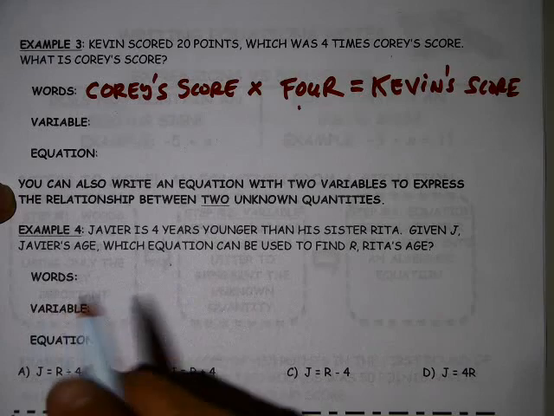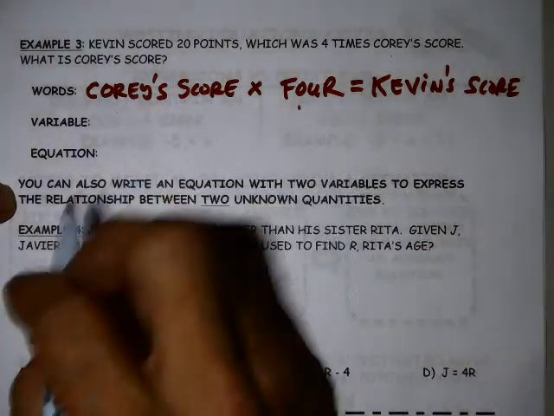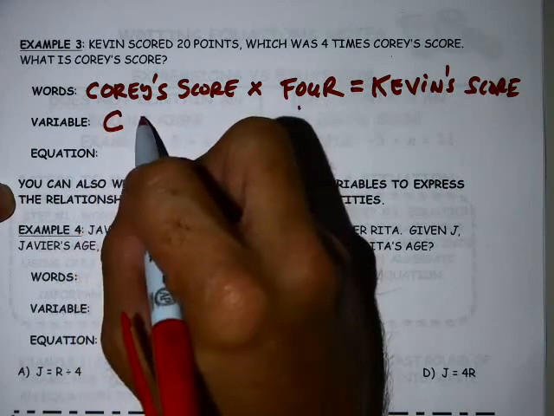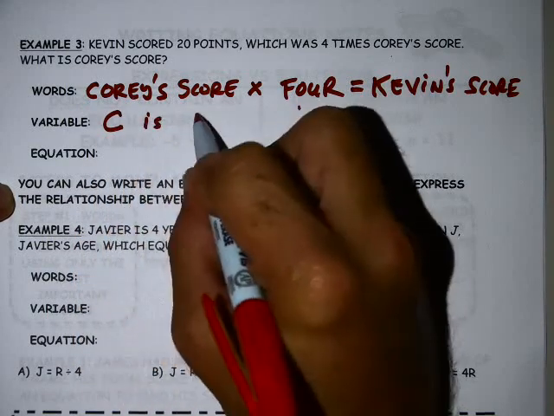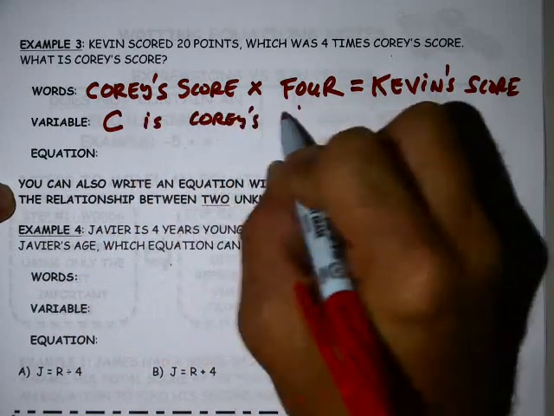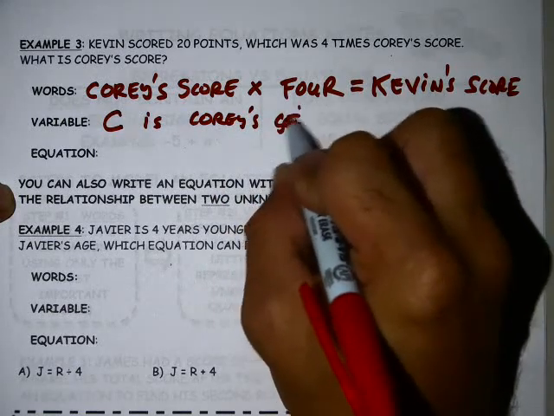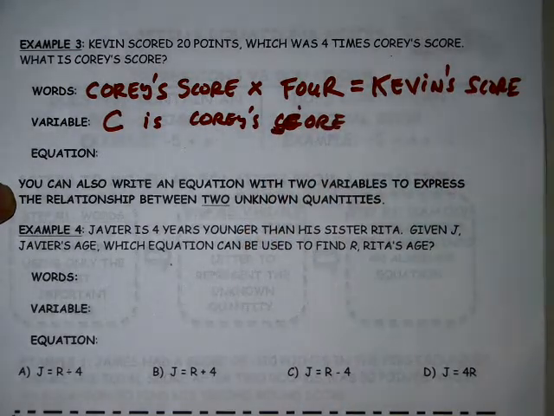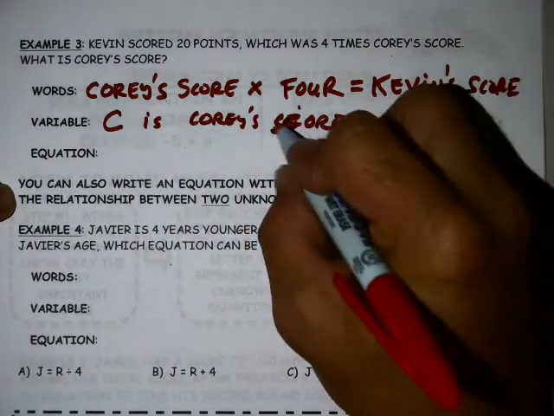Okay, now we're going to use some variables. Now in this one, we're going to be using Corey's score, so I'm just going to say C is what we're going to stand for Corey's score. I'm sorry for my handwriting. I'm trying to get this done as short and sweet as possible.